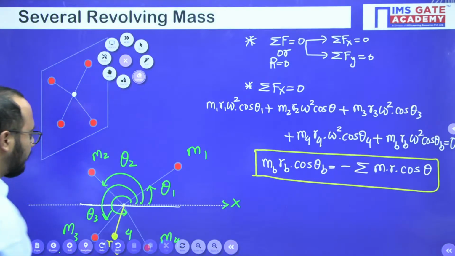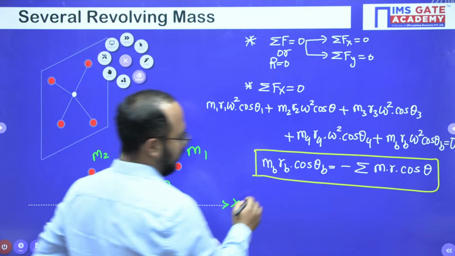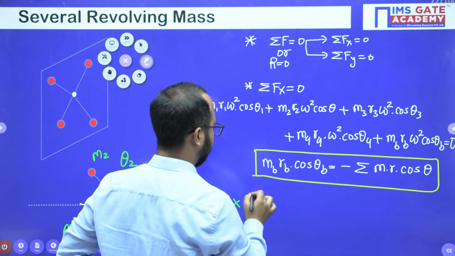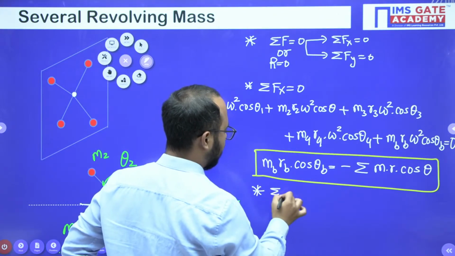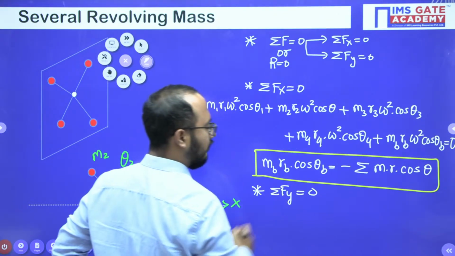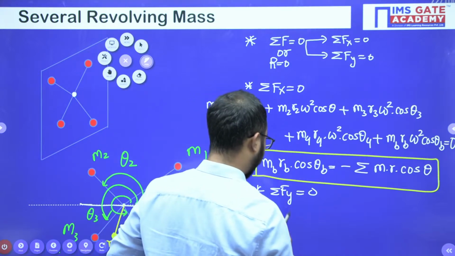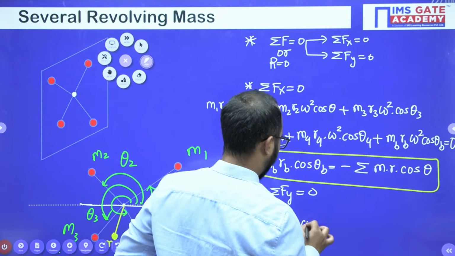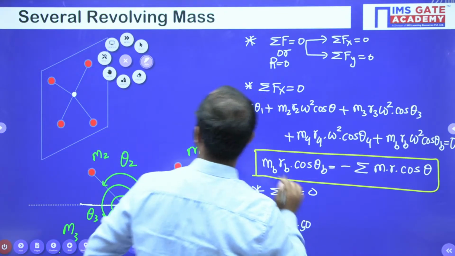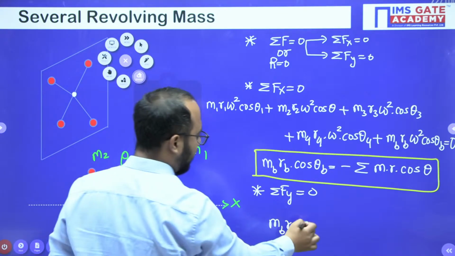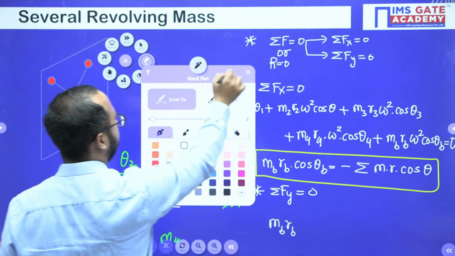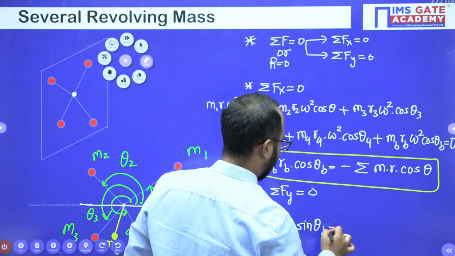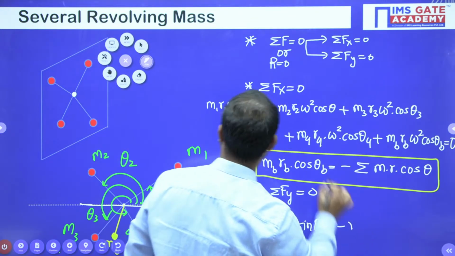Right, now come back to the previous part. From summation Fx 0, summation Fy, summation Fx we have already taken. Now similarly we will write here. Obviously, in the case of vertical forces, the sine parameter will come into the picture. Okay, now see.